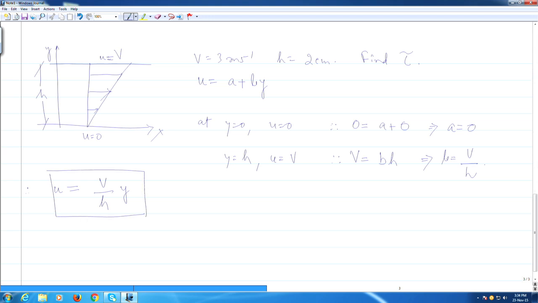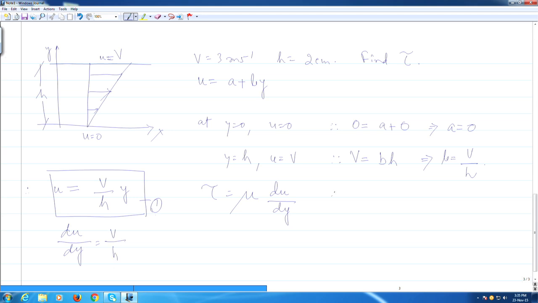Then like we just did, tau is nothing but mu du/dy. From this expression 1, du/dy is nothing but V by h.